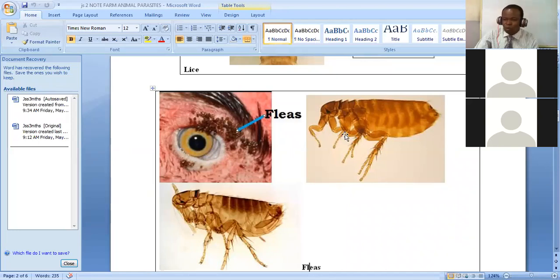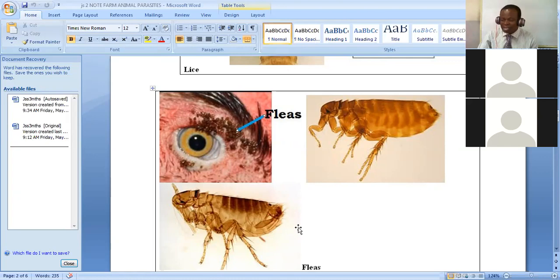So get used to this picture. You will see the shape is something that will help you. It's not elongated like in the lice that we saw before this one. And look at the shape of the legs here.